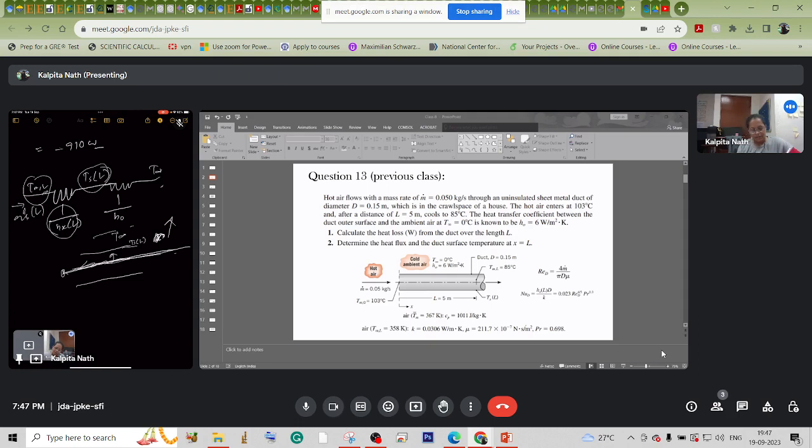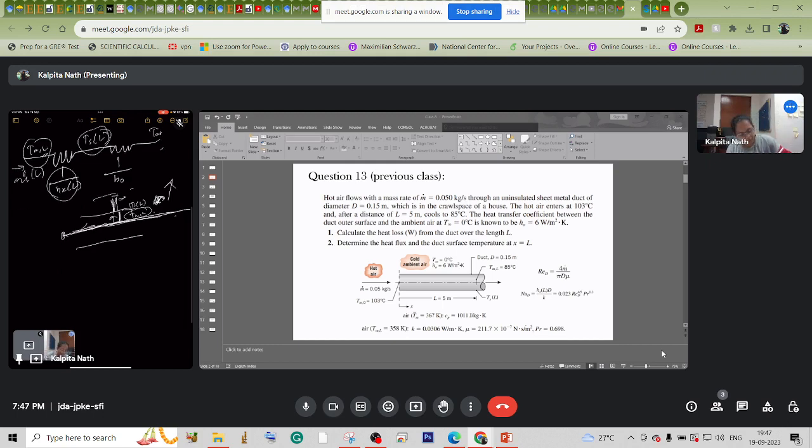With T s L and the mean fluid temperature T m L, there will be one resistance through the fluid barrier, for convection through the fluid, and one resistance for convection through the air. So let us calculate that: T m L minus T infinity upon 1 upon h x L plus 1 upon h naught.